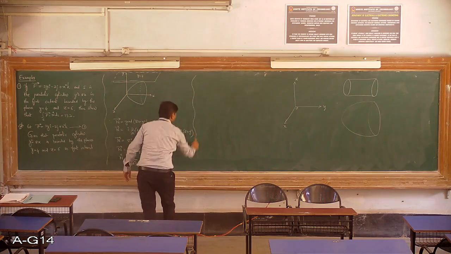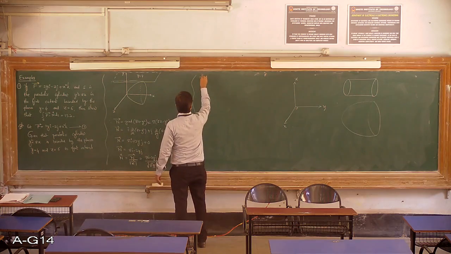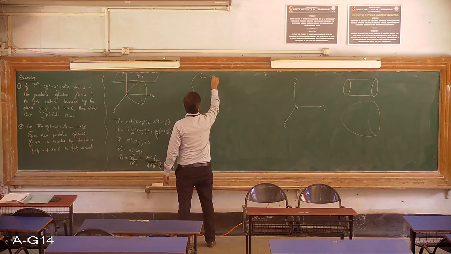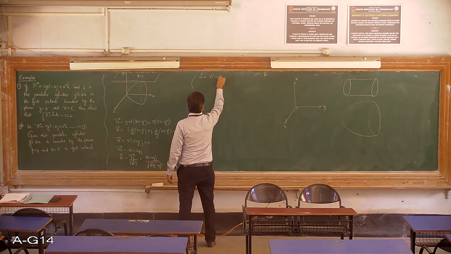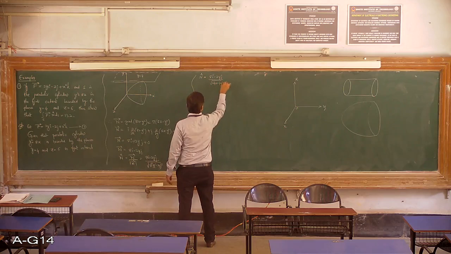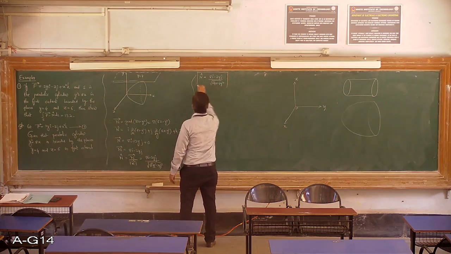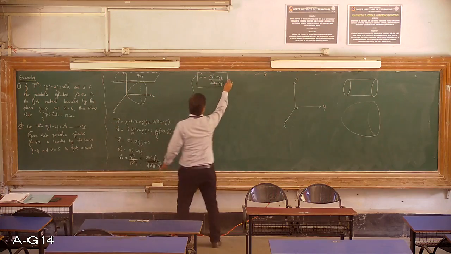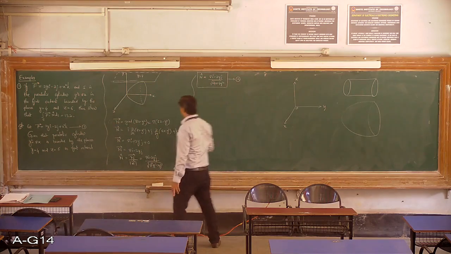So n cap is equal to 8i minus 2yj divided by the square root of 64 plus 4 times y square. So this is your n cap. We found n cap, and you can call it equation number 2.